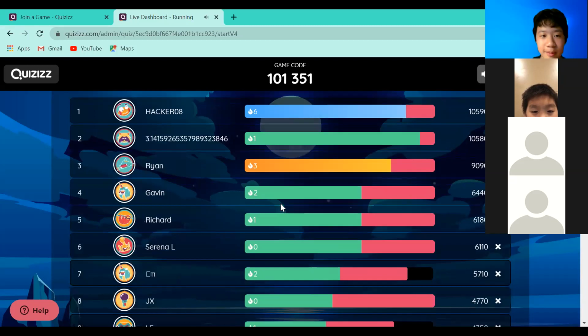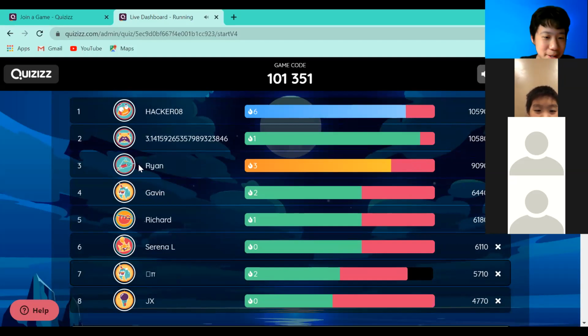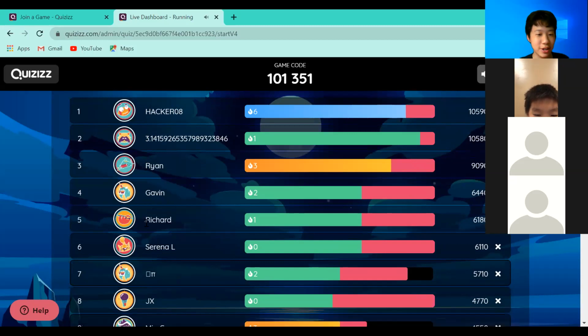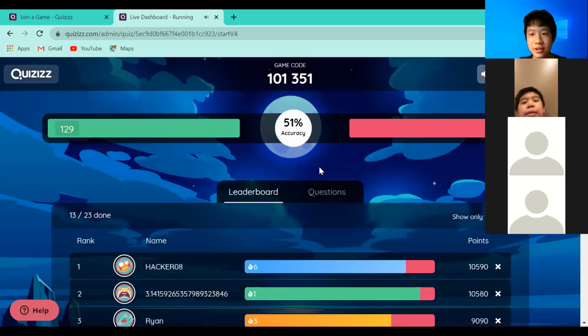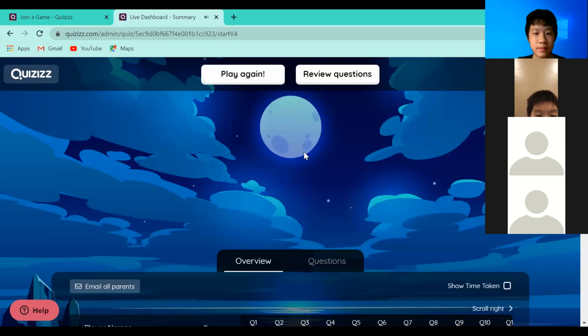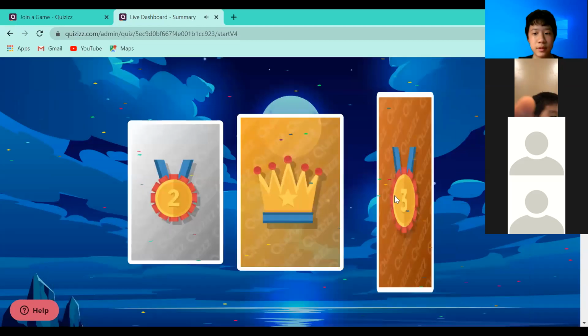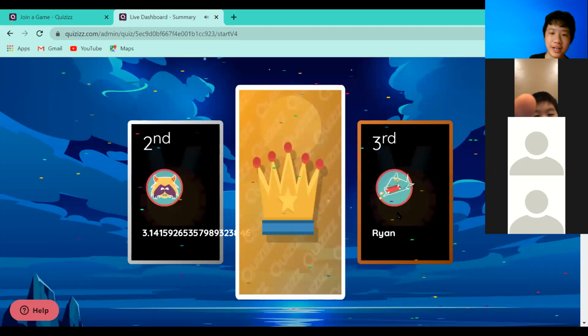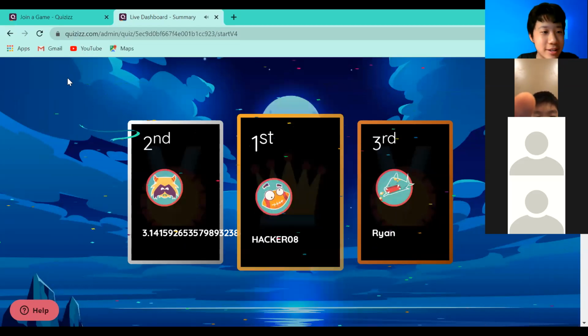This week it seems like our top 5 are going to be number 1, Hacker08, number 2, Pi, number 3, Ryan, number 4, Gavin, and number 5, Richard. All right. So I'm going to end the game right now. Let's see the top 3. Number 3, Ryan, number 2, Pi, number 1, Hacker08.